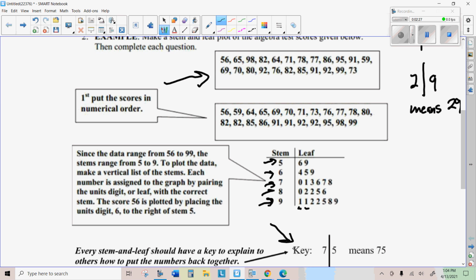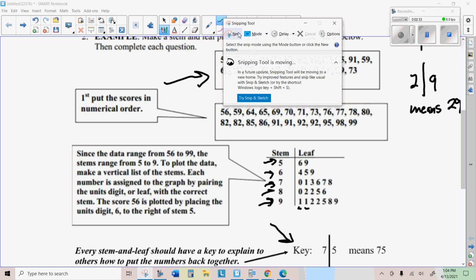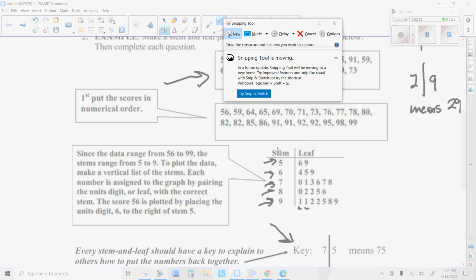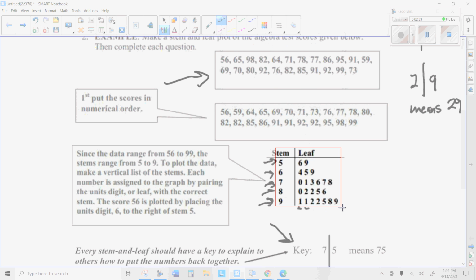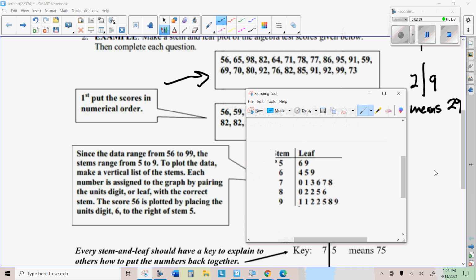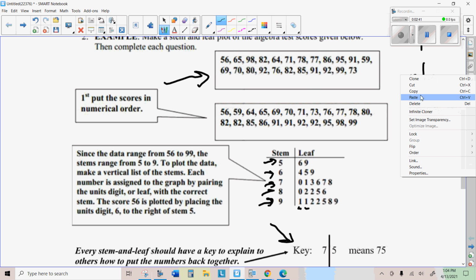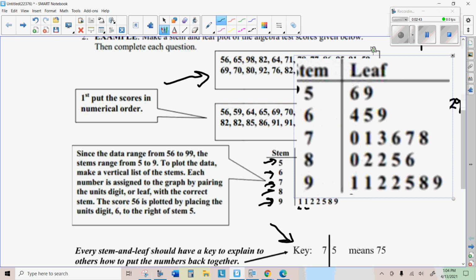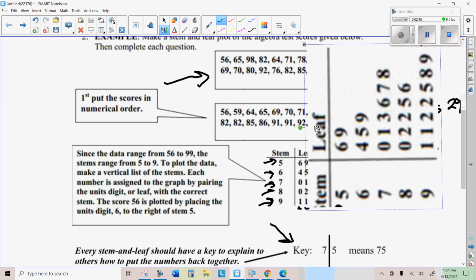Now, check this out, though. If I take a picture of this stem and leaf plot and put it on its side, notice that we have numbers going up in the 50s, 60s, 70s, 80s, and 90s, and it actually looks like a histogram.